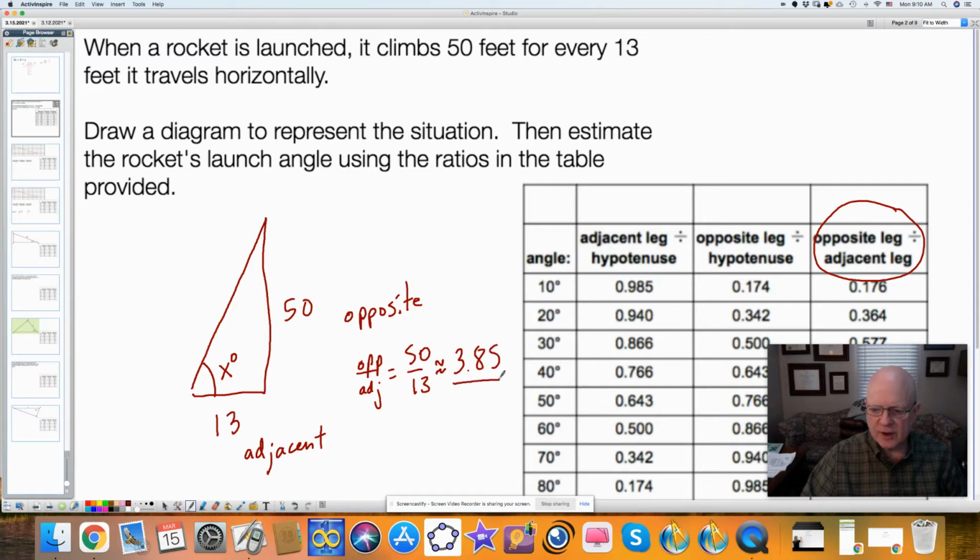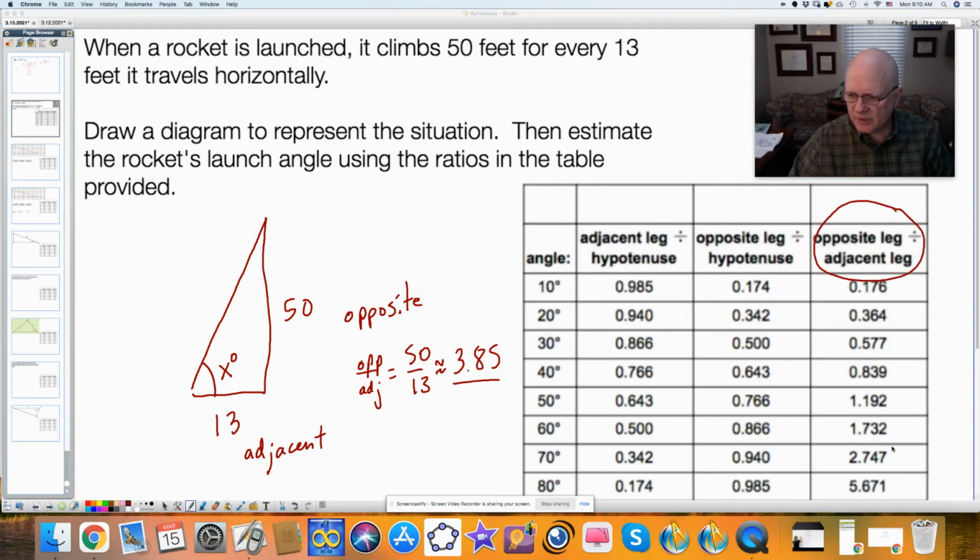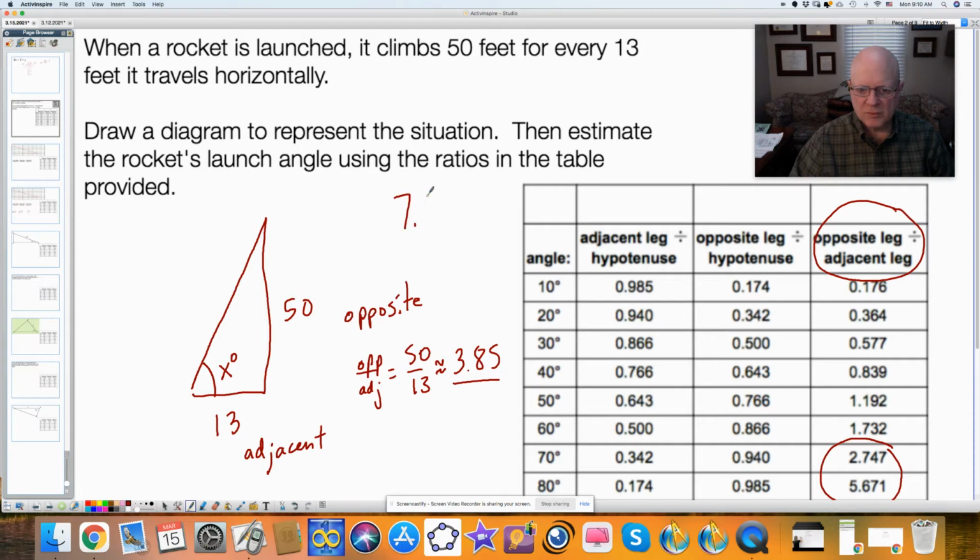And if I move on this chart here, 3.85, that's not on the table, but it's somewhere between here. So I could estimate it maybe 74 degrees. That's just an approximation.